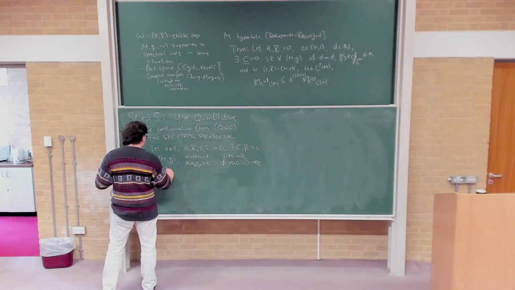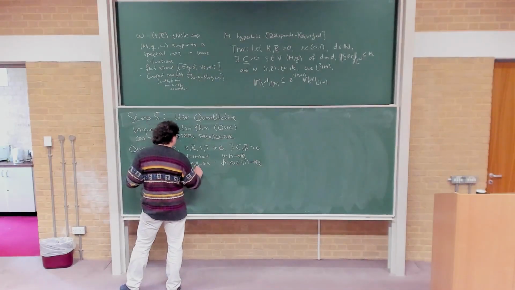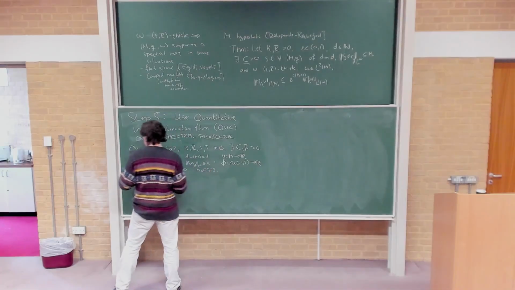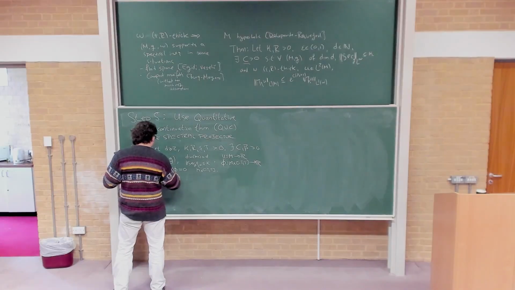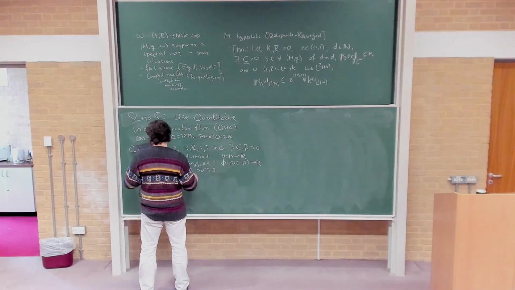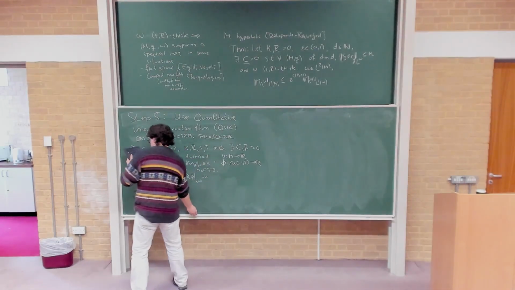So this expression that I write here is the Laplacian, if this phi is harmonic in M times (-T, T). Phi at t is 0 is 0. The normal derivative of phi at t is 0 is u.